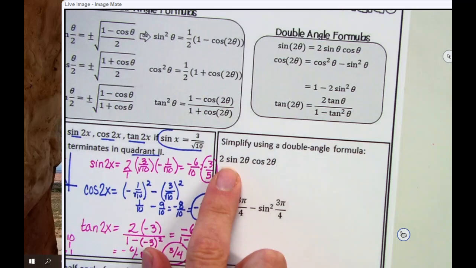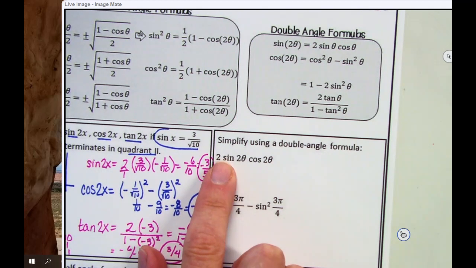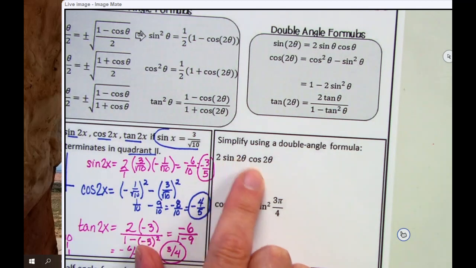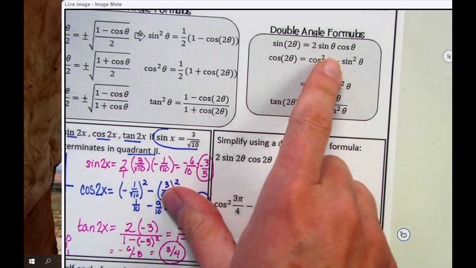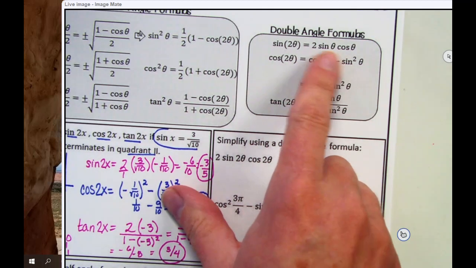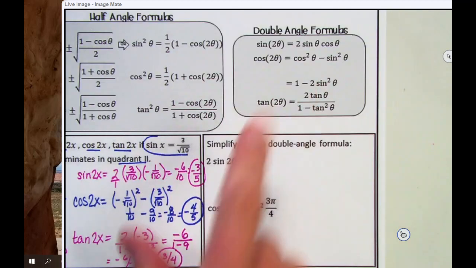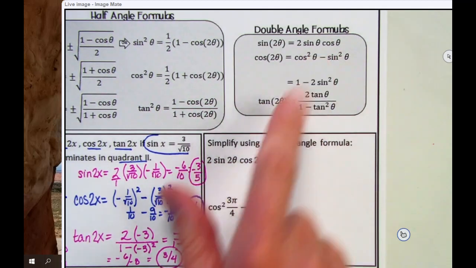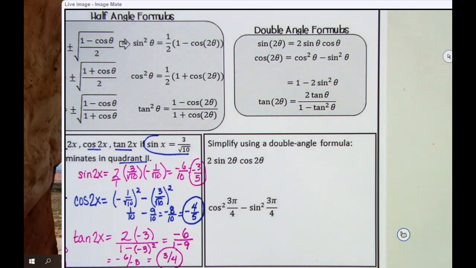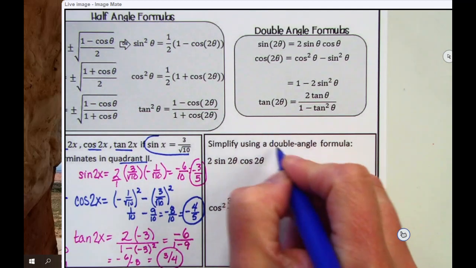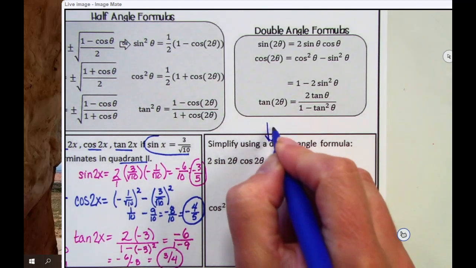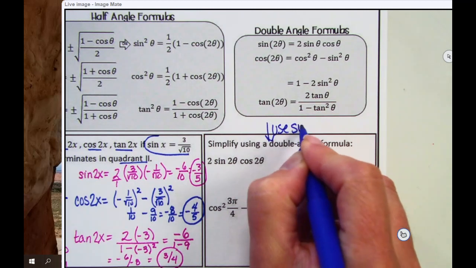So I look at this, and I've got 2 sine of something, cosine of something, which kind of feels like this one, doesn't it? But not quite. So we have a trick on this one. We've used substitution before. So on this we're going to use substitution.